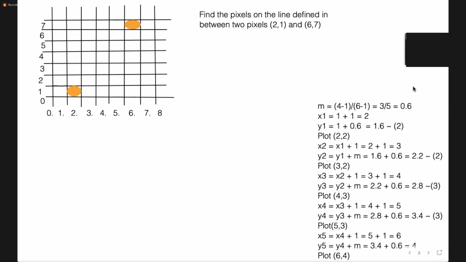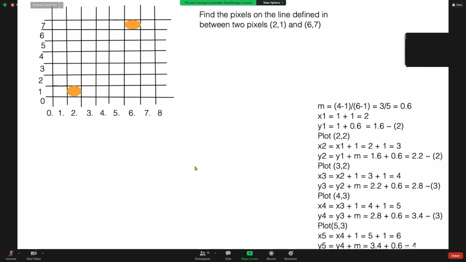Anyone completed? You can share your list of points, the points that you have calculated.